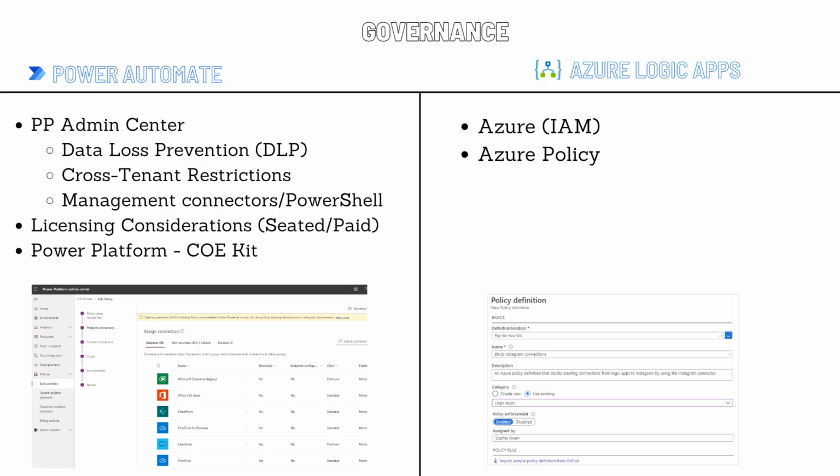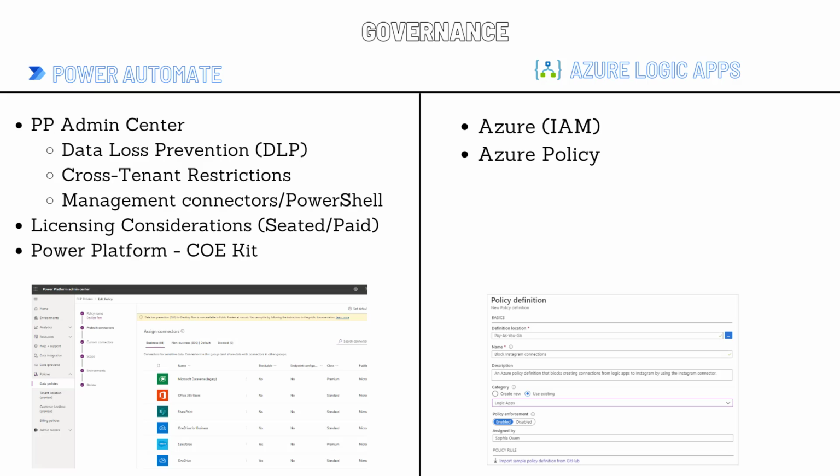You also have the ability to go ahead and just flat out block connectors if you feel that's warranted. And so that's where you would go ahead and do so. Then we've got cross-tenant restrictions. I've talked a little bit about that already, so I'm not going to go further into that, but that's an important feature if you're concerned about users from multiple tenants being able to share or exchange data across those tenants.